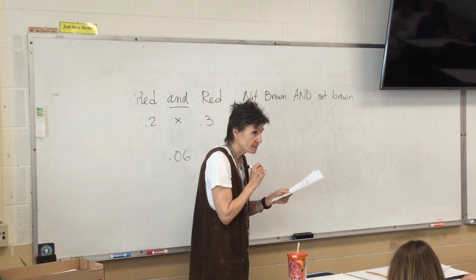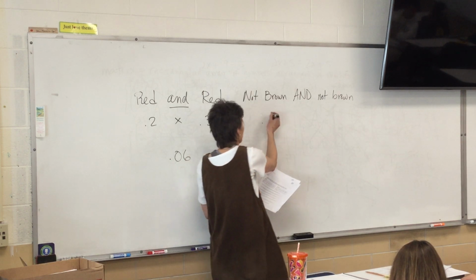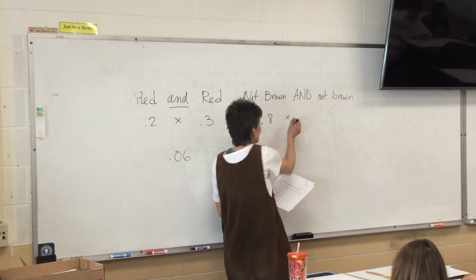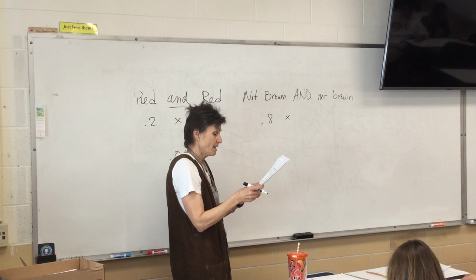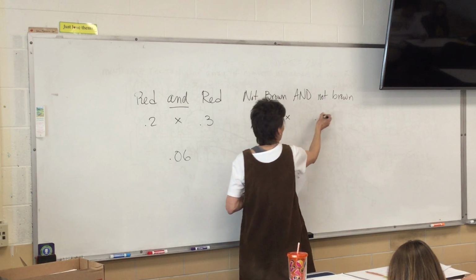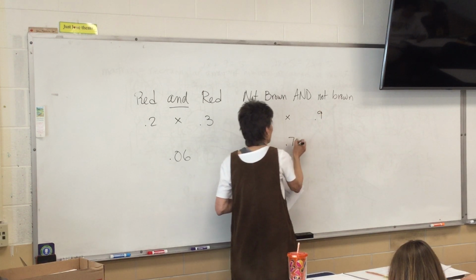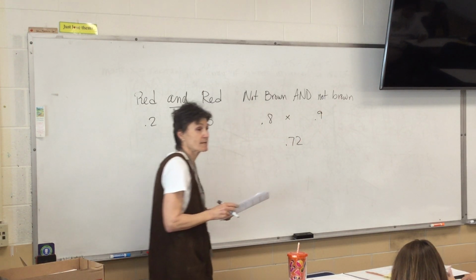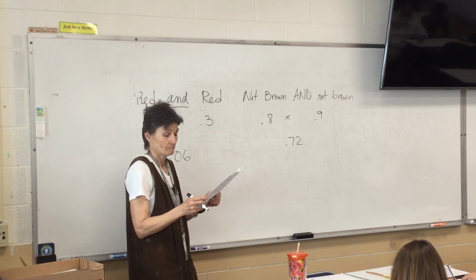Probability of not brown is 0.8 from Maggie, and, which means times, not brown from Elizabeth would be 0.9. So your probability is 72%, 0.72.